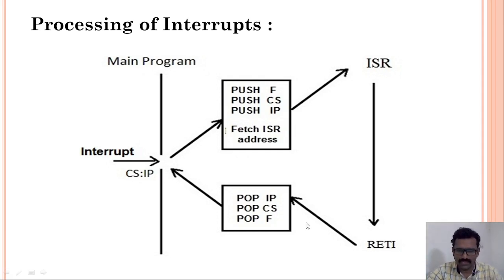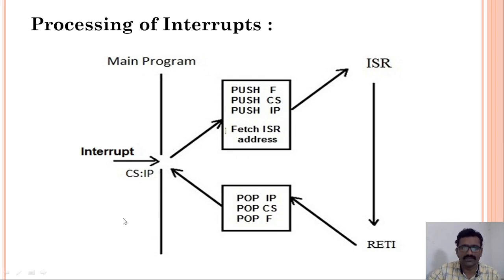While coming back, the processor needs the status and address of the main program where it was interrupted, to resume it. So the microprocessor pops the contents of IP and CS from the stack, giving the address of the main program, and then pops the program status word flag register from the stack. Then it knows the status of the main program and starts execution from there till the end of the main program.